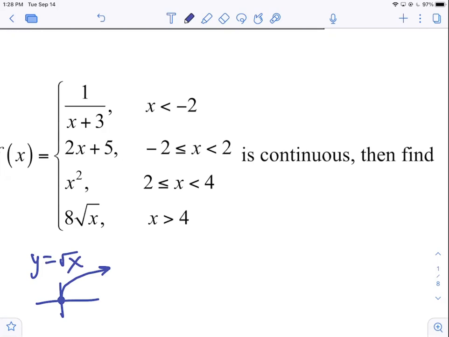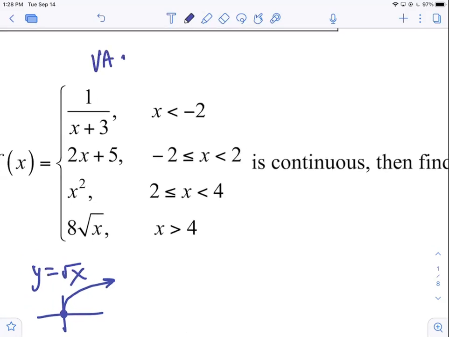But look at the top piece, 1 over x plus 3. Is that one continuous everywhere if we just looked at that one by itself? Nope. It has a vertical asymptote where? At -3, okay? Let's just write that down. A vertical asymptote at x equals -3, an infinite, non-removable discontinuity. Now, it may or may not even come into play.